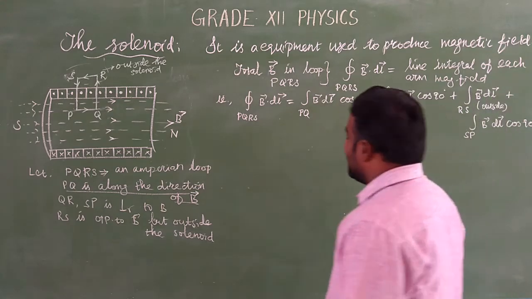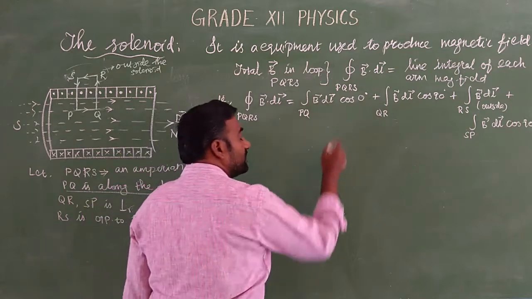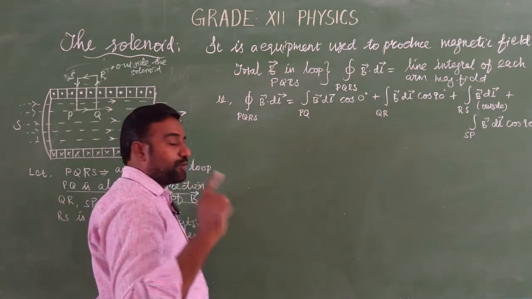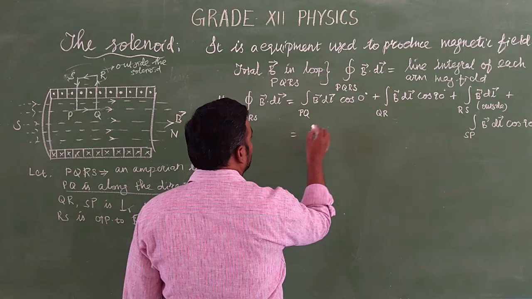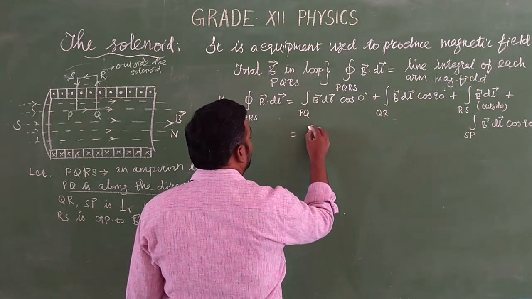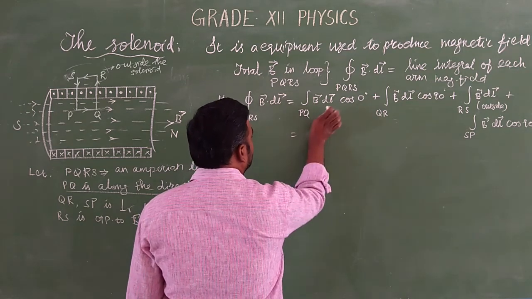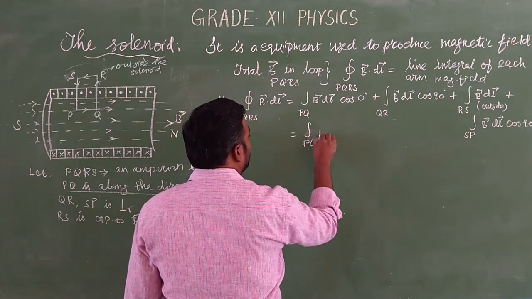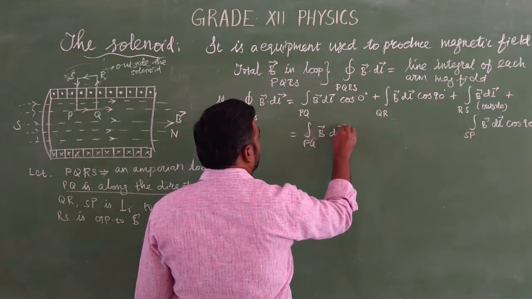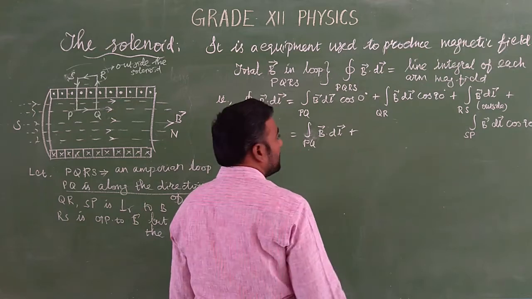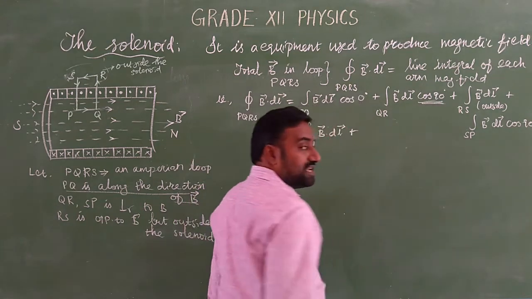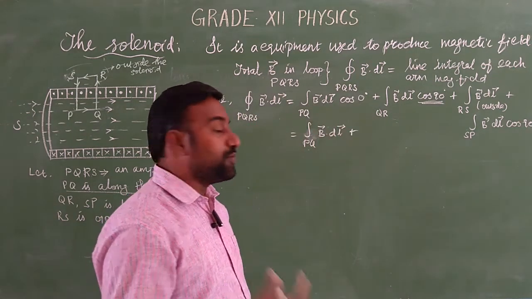Okay, as we know already, cos 0 degree is equal to sin 90, which is equal to 1 now. So this value becomes 1. So we have integral PQ B vector dot dl vector plus, in this case, cos 90 becomes sin 0, which is equal to 0.